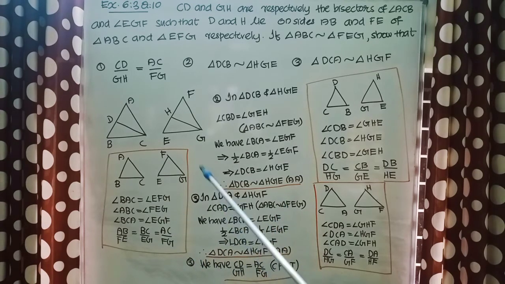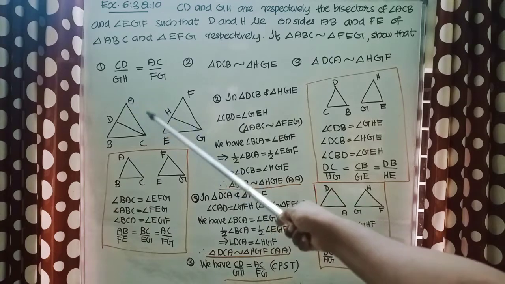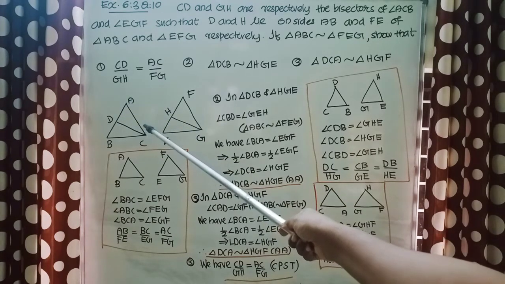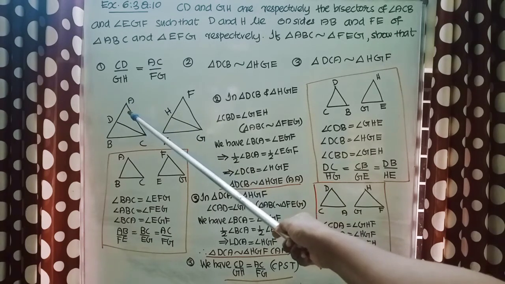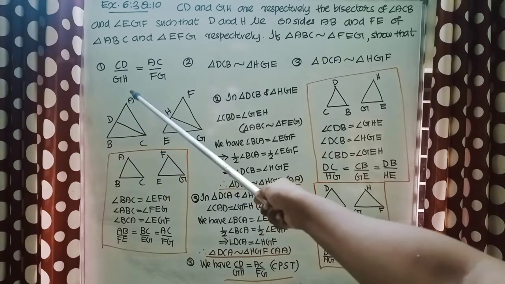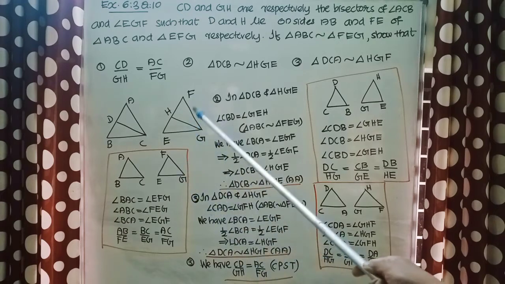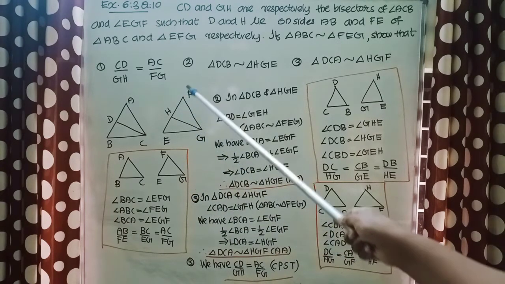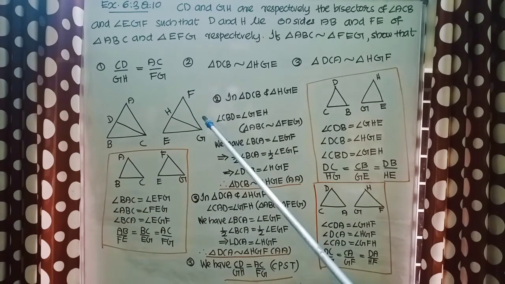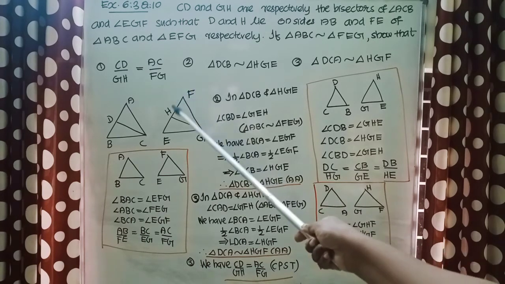We have here given angle BAC equal to angle EFG. BAC is the same as CAD, both are angle A. EFG is the same as GFH.